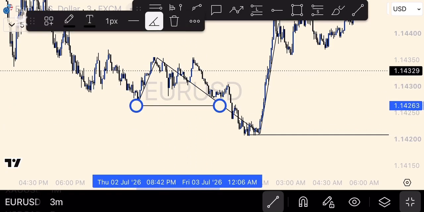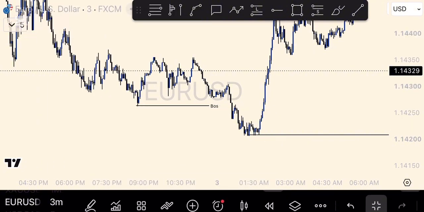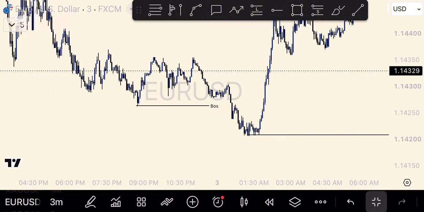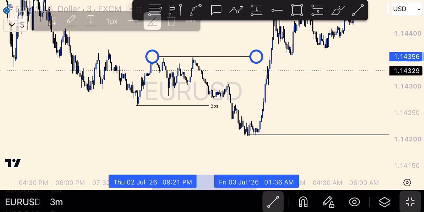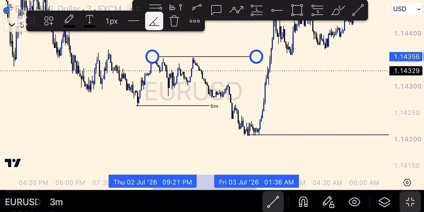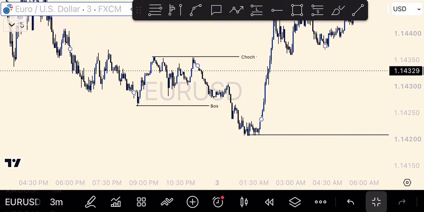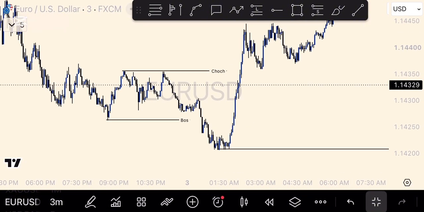These are internal structure, that is a BOS, and we have the change of character right here, the change of state of delivery or however you know it. So we have the change of character right there. So this actually makes this a pending low.